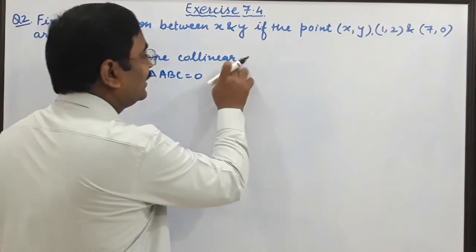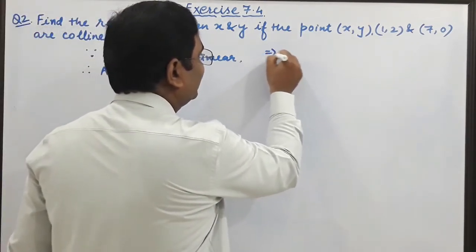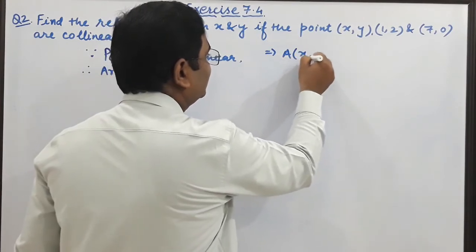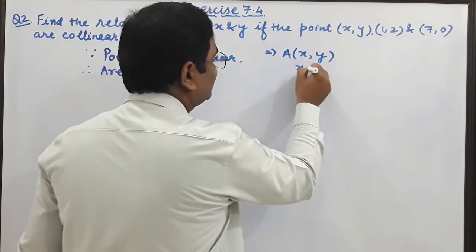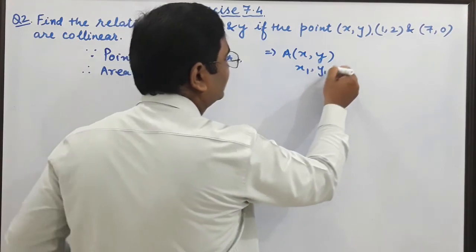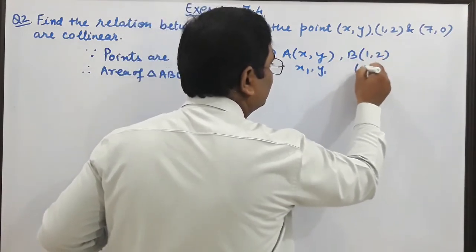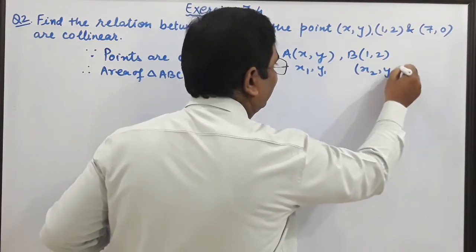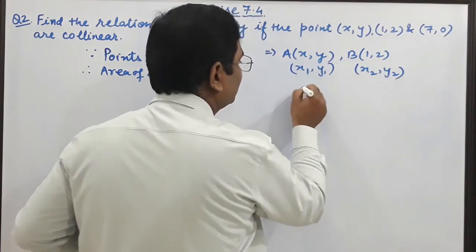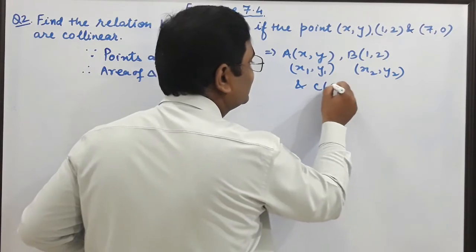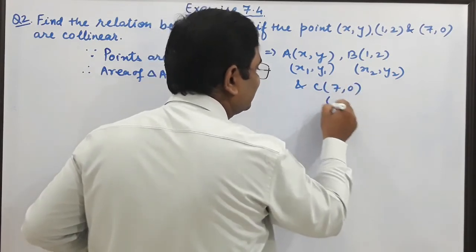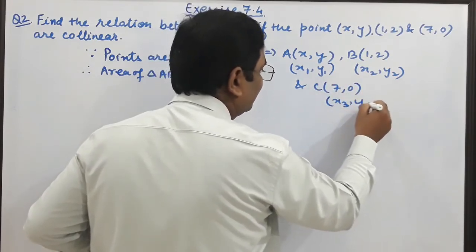Where the point A is (x, y), say this is x1 y1, B is (1, 2), say this is x2 y2, and C is (7, 0), say it is x3 y3.